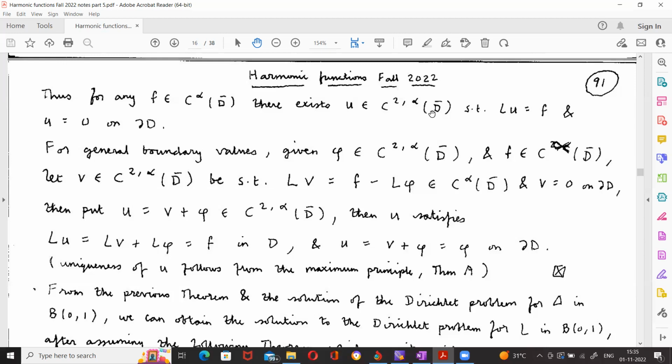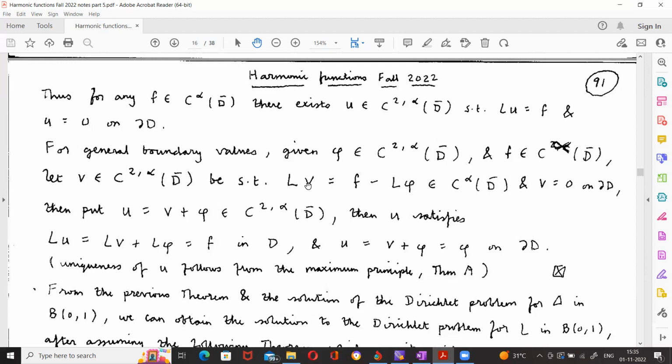In the earlier step, we don't need anything because the boundary values are 0. It's just a fixed 0, the only boundary value there. But for general boundary values, if you want to do this last step, you need phi to be in C2 alpha declosure. Okay. Yeah, because we want to take LV to be F minus L phi.